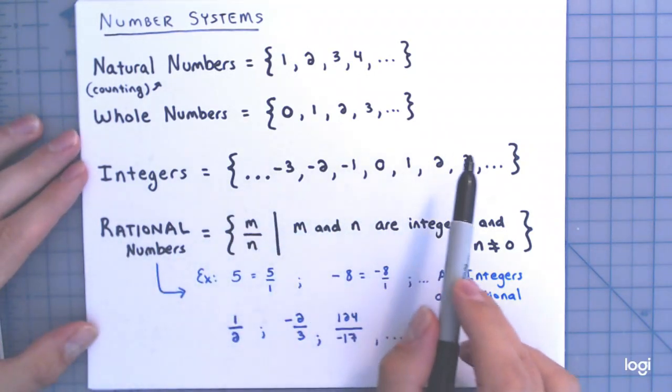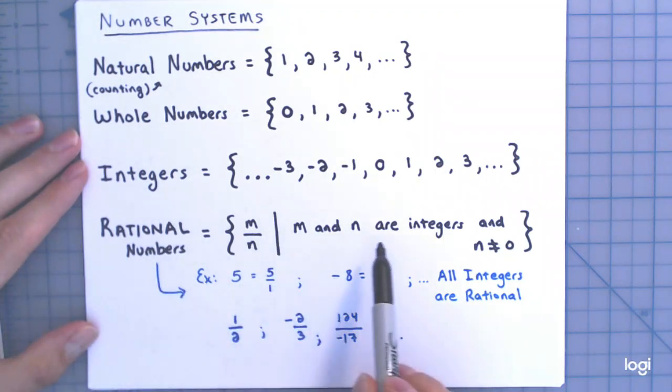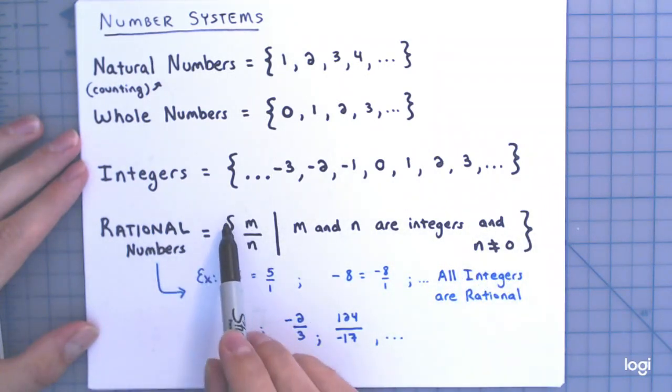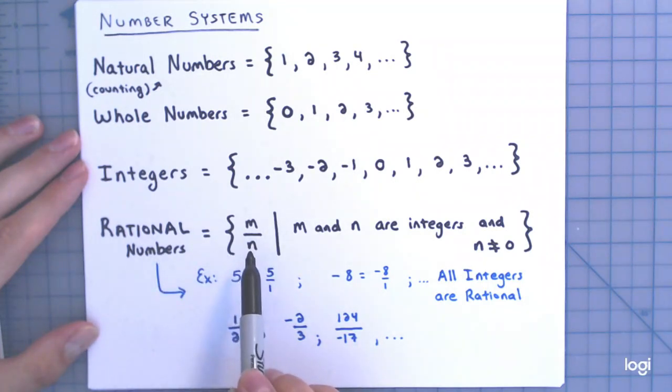Then adding to this set, we have the rational numbers, right? I do have a lot to say about the rational numbers. I've written in set builder notation here where every number in the rational numbers can look like this, where you have m over n as a ratio, right?